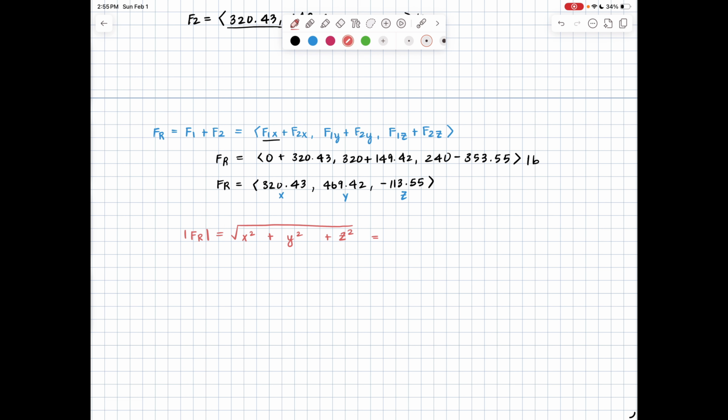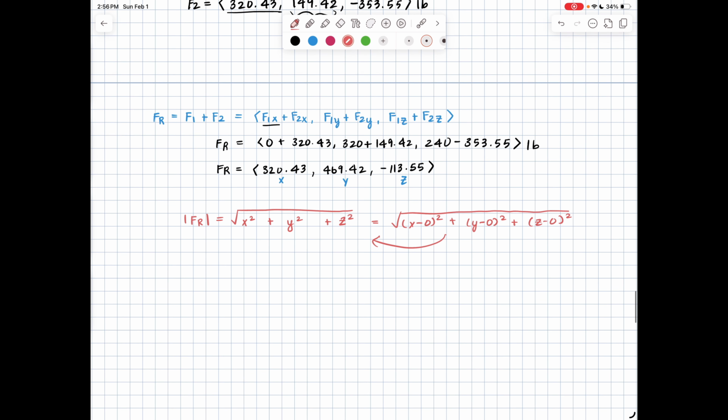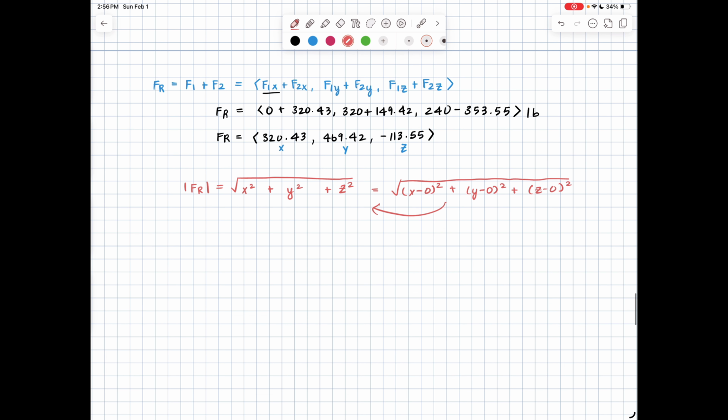But what we're really trying to do is x minus 0 squared plus y minus 0 squared plus z minus 0 squared. And that really matches over here. The zeros just get redundant over time, but they are a good habit to write down in steps.